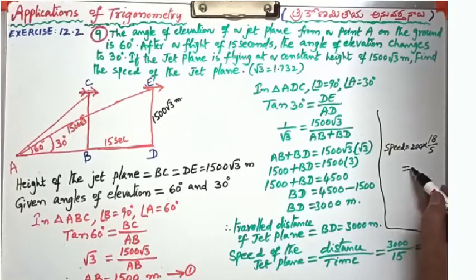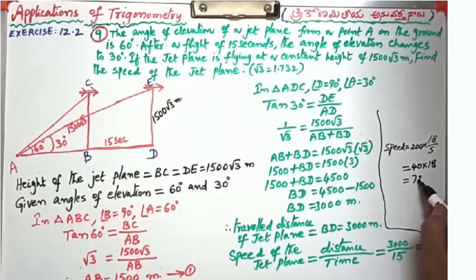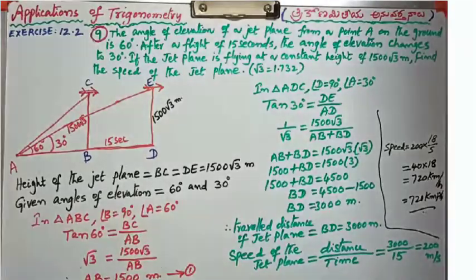So speed is equal to 200 into 18 by 5, that equals 40 into 18. So that equals 720 kilometers per hour, or 720 kmph. Okay, so this is the solution for this problem. Thank you.